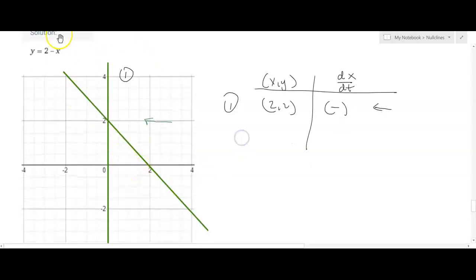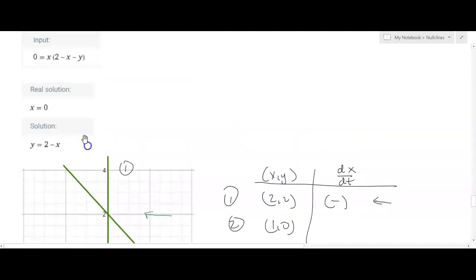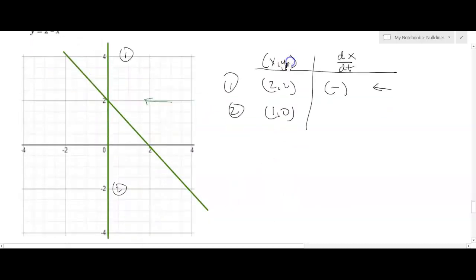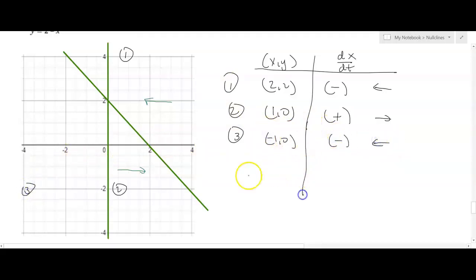Now in region 2, which we'll arbitrarily call this region here, I could pick the point (1, 0). If x is 1 and y is 0, I'll have 1 times 1, which is positive 1. So the vectors in region 2 all point to the right. That's up here and here as well, because that's not a nullcline, that's just an axis. For region 3, if I pick something over here, let's say (-1, 0), that will come out to be negative, which means those vectors will point left.